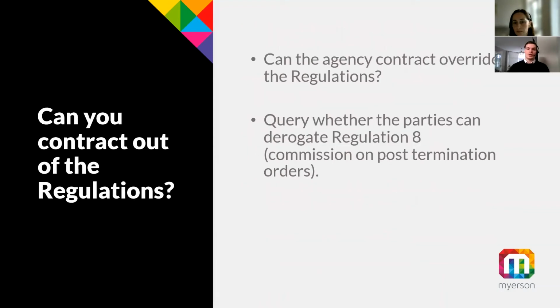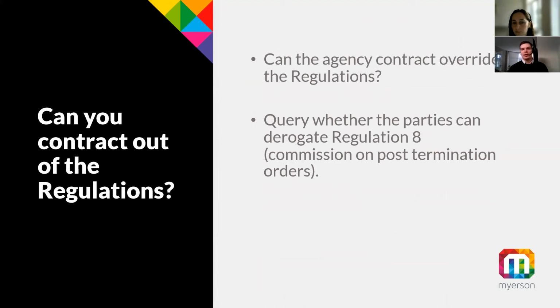So another consideration is, can a principal contract out of the regulations? Firstly, just to explain, what I mean by contracting out is the inclusion of a term in the agency agreement that expressly excludes the regulations or a specific provision of them.